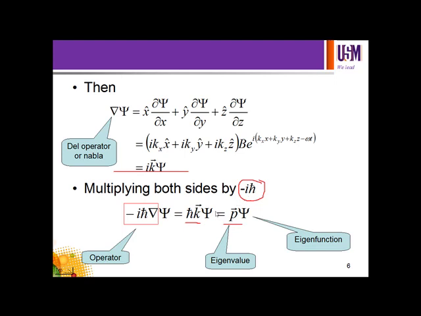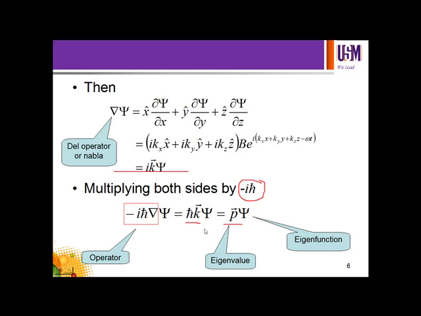When you multiply the right hand side by negative i h bar, you have to multiply the left hand side by negative i h bar too. So we have this relationship: negative i h bar del psi equals h bar vector k psi equals vector p multiplied by psi.